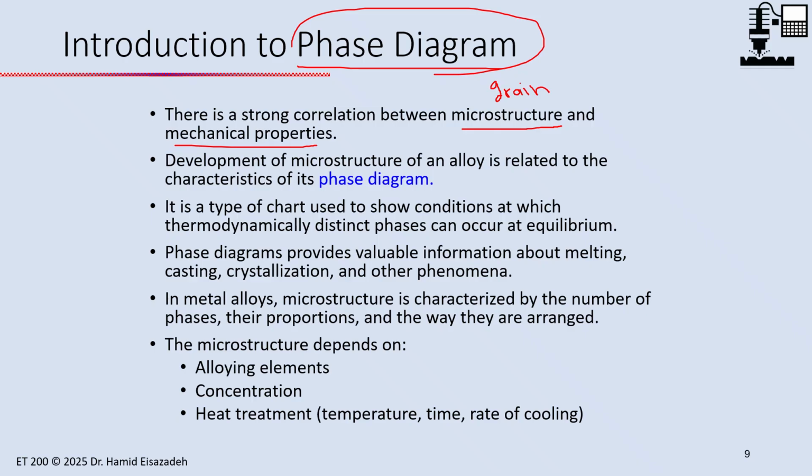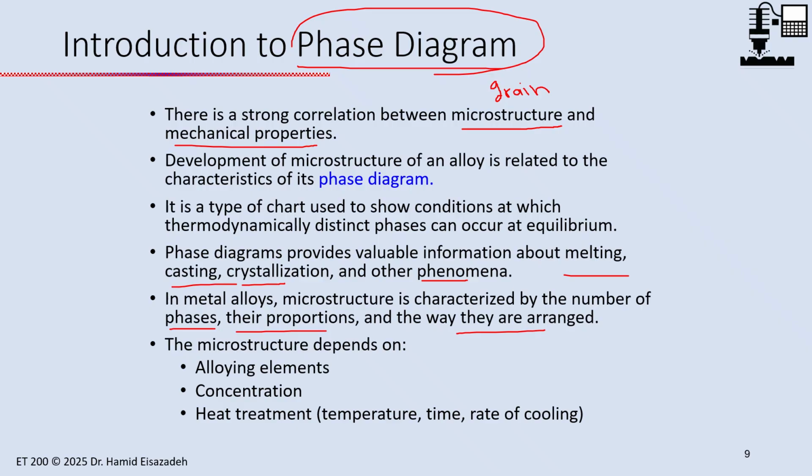what we can get from the phase diagram is melting, casting, crystallization, at what temperature material start crystallization, form grain formation, or what are the number of phases, how many phases we have, and what are their proportion, and how the grains are arranged.